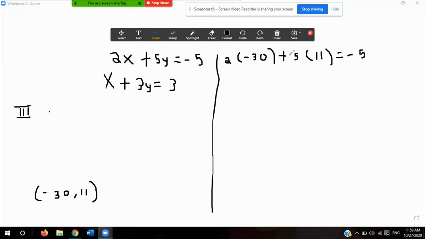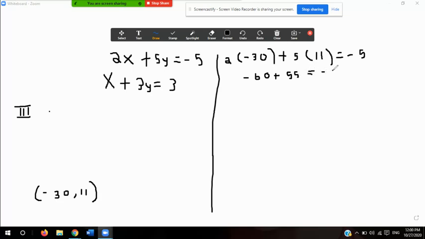And of course, if I am adding integers, I'm subtracting, and that would equal negative 5. So the first equation checks out, because if I have negative 60 plus 55, that would be negative 5. And of course, if I get the same answer on both sides, that means that this is correct and this checks out.